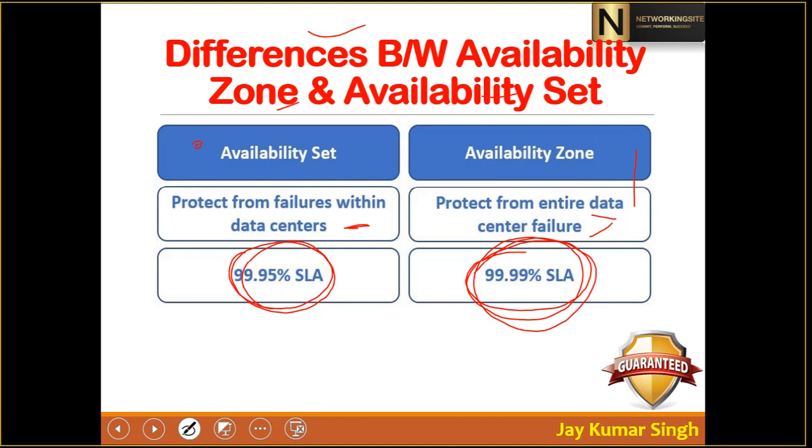And this is a guaranteed SLA. It's not that I will tell you and then not provide it. It's guaranteed. That's why Microsoft, whenever you create something as a paid user, you will find that yes, it's a guaranteed solution.